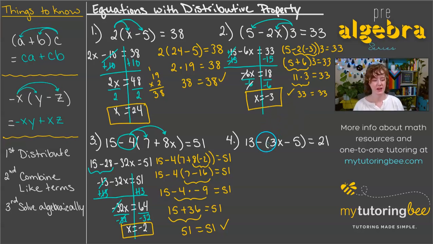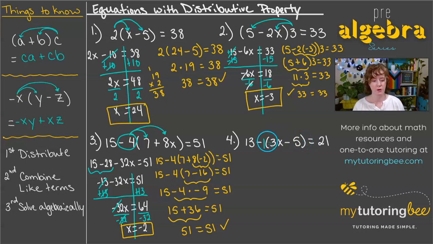In this one, this part right here tends to trick some of the students that I work with. This is 13 minus the quantity of 3x minus 5 equals 21. Remember that when we don't see a coefficient here, because this is being subtracted away, we can consider this as if we are subtracting 1 times the quantity of 3x minus 5.